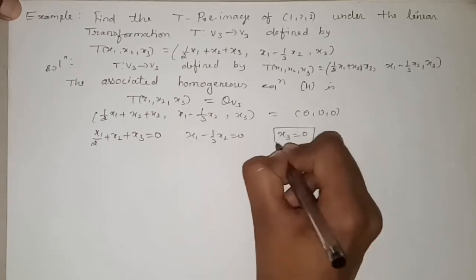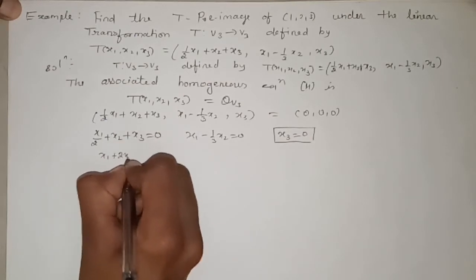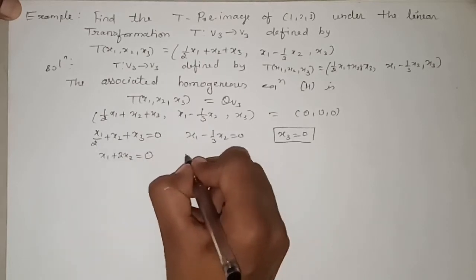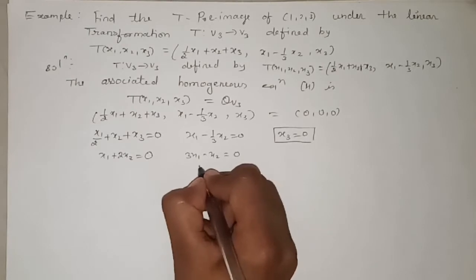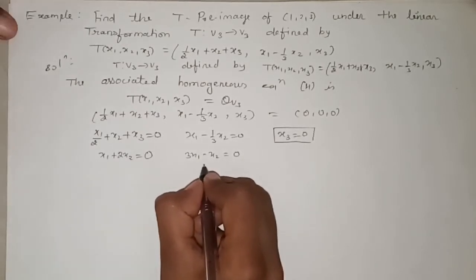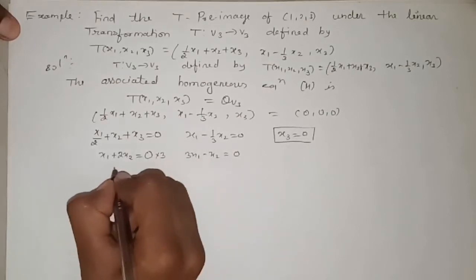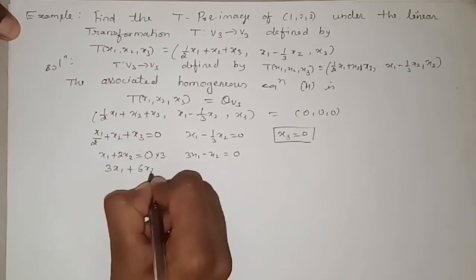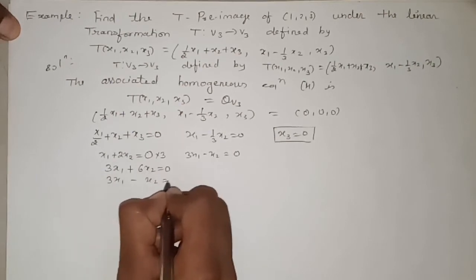So we get x3 is equal to 0. Now from this, x1 + 2x2, since x3 is equal to 0, is equal to 0, and 3x1 - x2 is equal to 0. Again if we solve this, if I multiply this by 3, then this becomes 3x1 + 6x2 is equal to 0 and this is 3x1 - x2 is equal to 0.